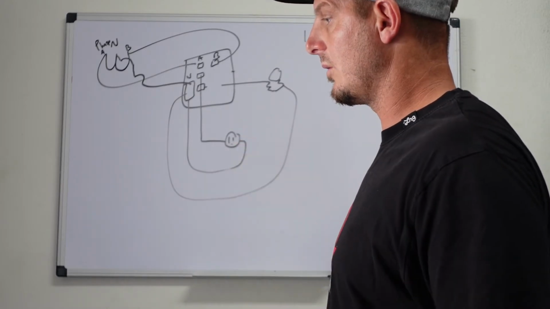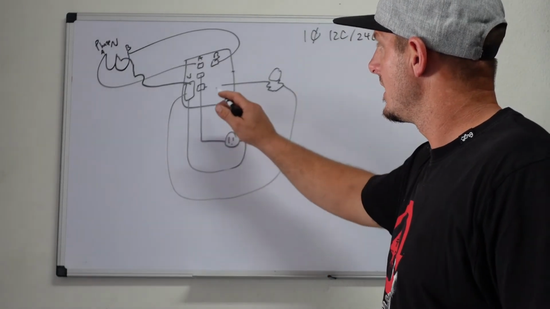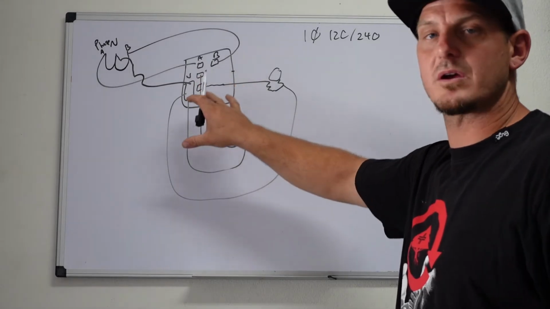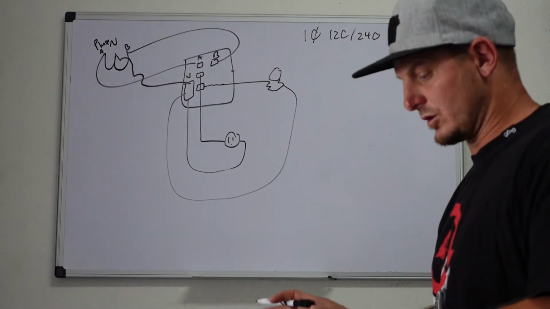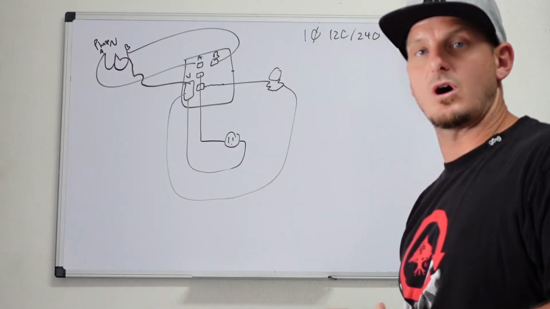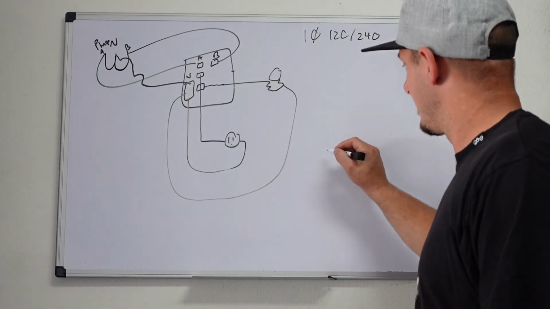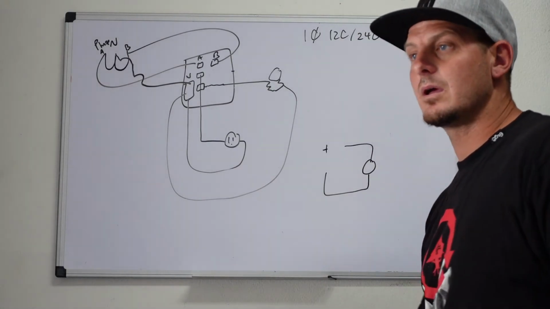Now, as a whole, the system is series, as long as it's just this one. As soon as you turn this light on and you have this on, it then becomes parallel because it's taking two paths. Now, your dedicated outlets or dedicated appliances are going to be wired in series because they're going from point A, serving a load, and back.